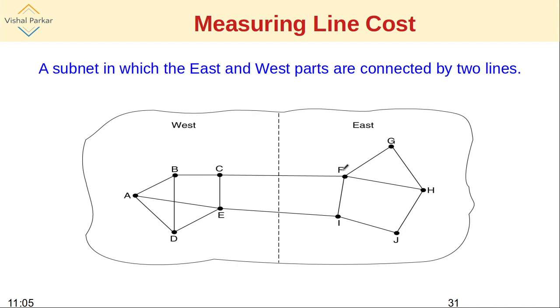Now the same thing happens after some time with the CF line, and this continues to repeat, and eventually the transmission is said to oscillate between CF and EI. Now there are many approaches, like multipath forwarding, where there are multiple paths from this part to this part.